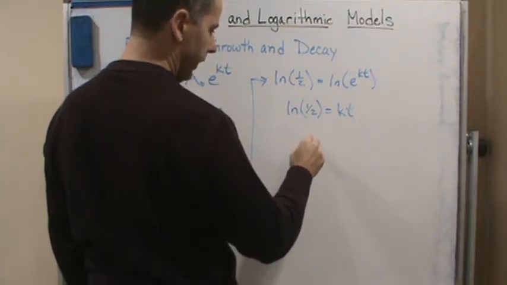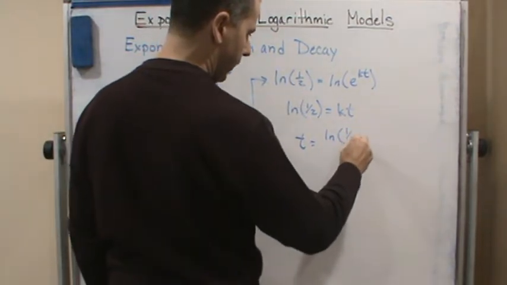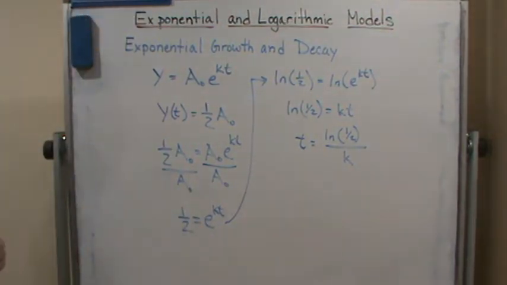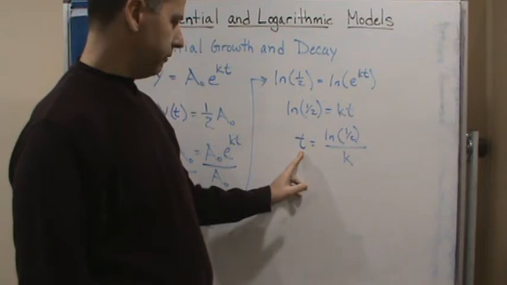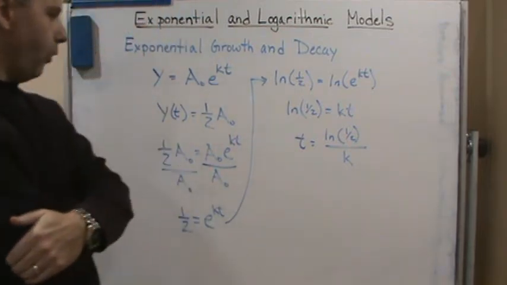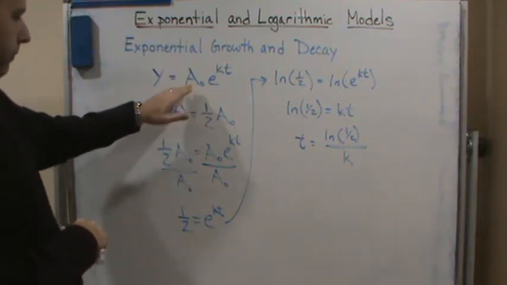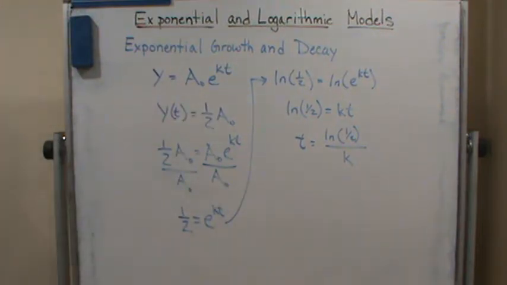And then t equals the natural log of 1/2 over k. Now, this would be the half-life formula for finding this, right?